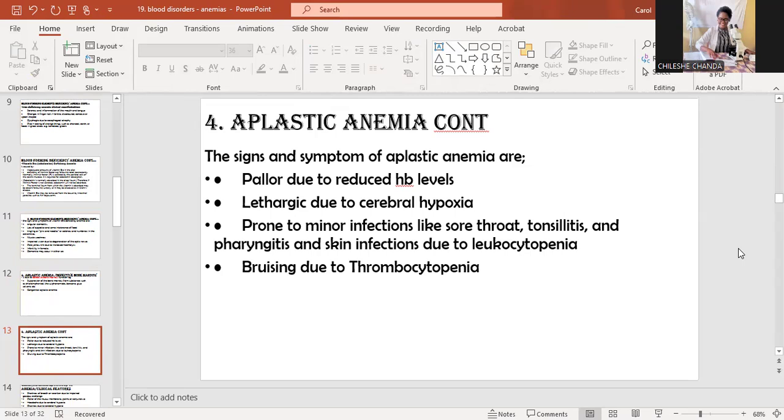However, a patient who is anemic will be very pale, which means their eyes will look very white. There will be no redness in them, no blood vessels showing. Patients will have lethargy due to cerebral hypoxia. The patient will be prone to minor infections like sore throats, tonsillitis.